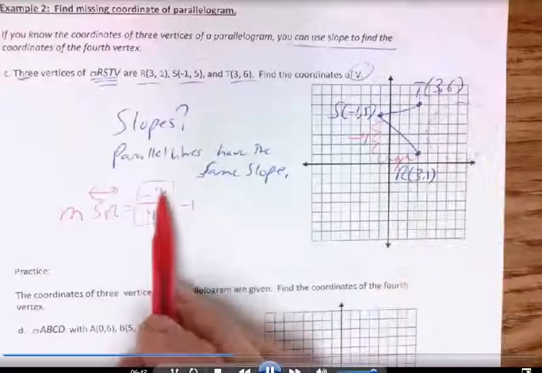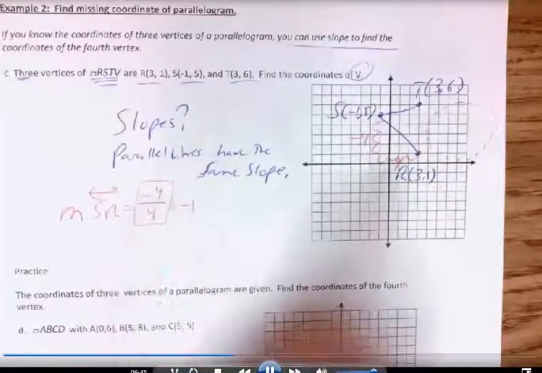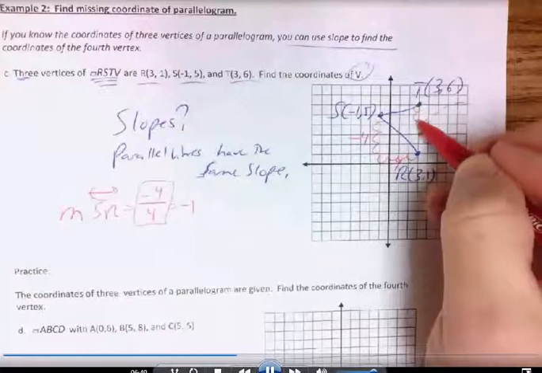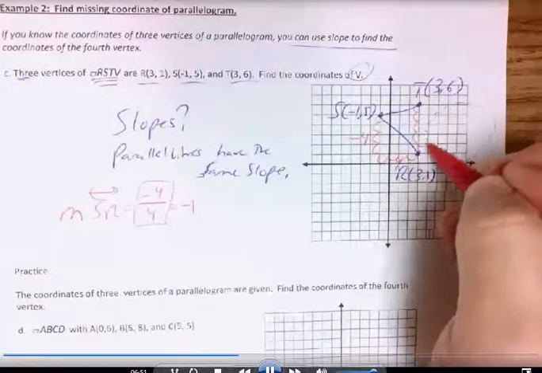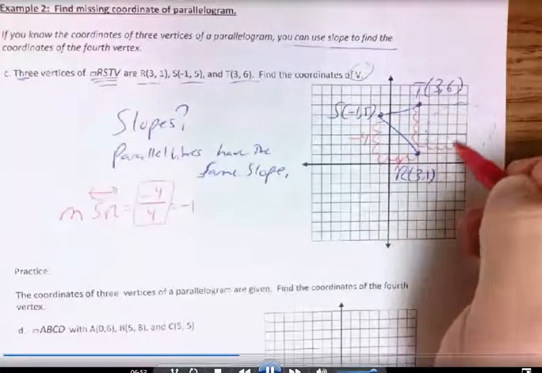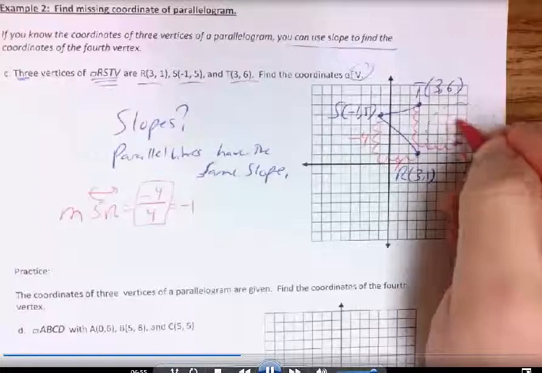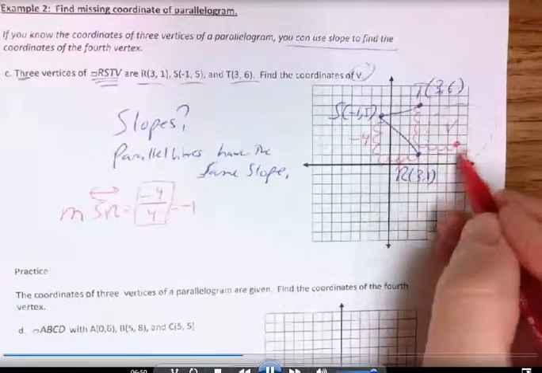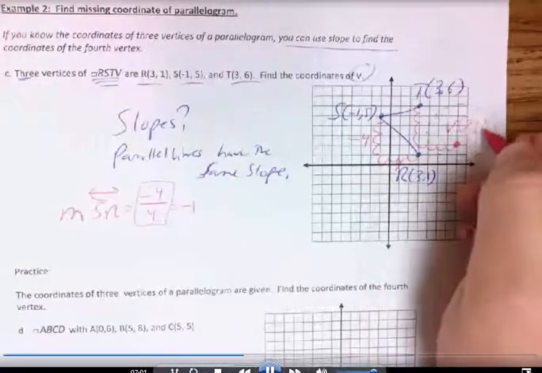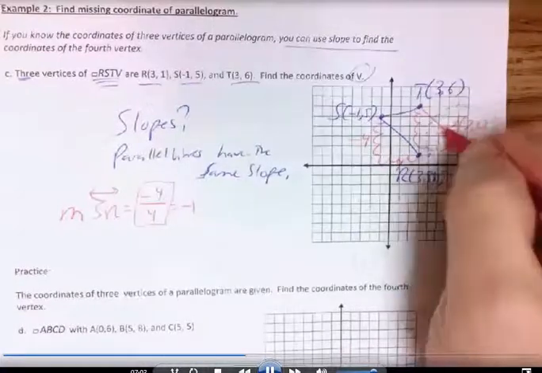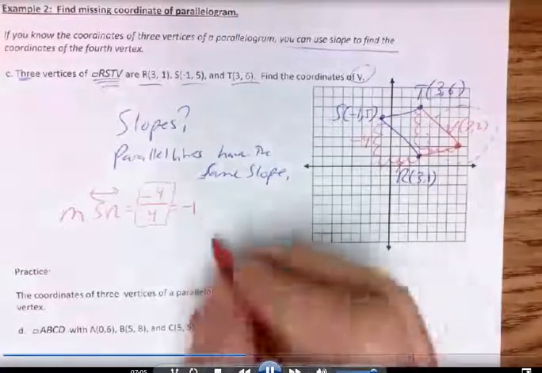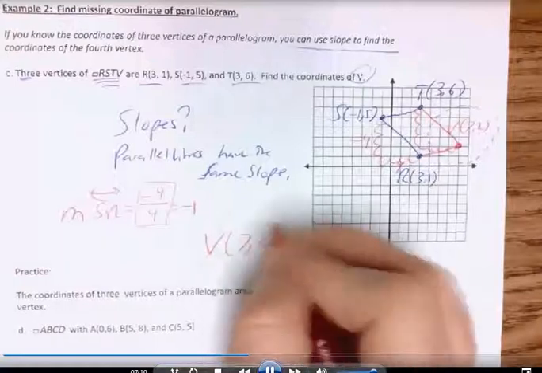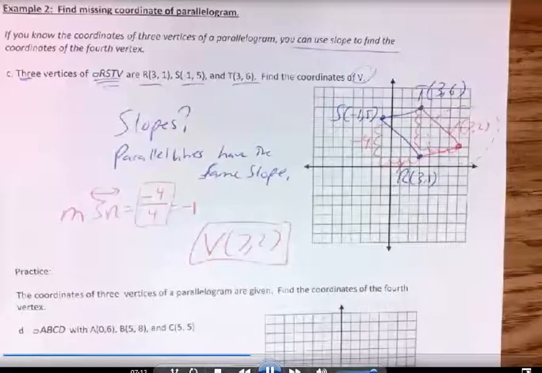So I need to go down 4 and over 4 from T to get to V. So down 4, over 4. Here I am. That's V, which is at 7, 2. Let's connect it and see if it makes sense. That looks pretty good to me. V is 7, 2. And honestly, you're good to go.